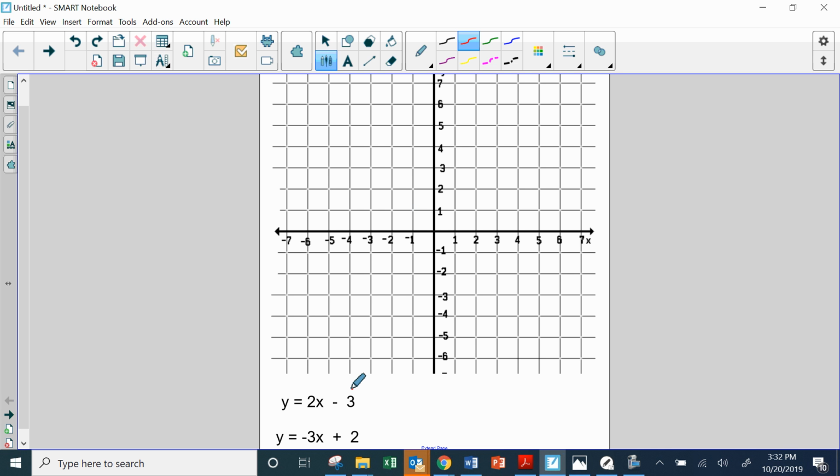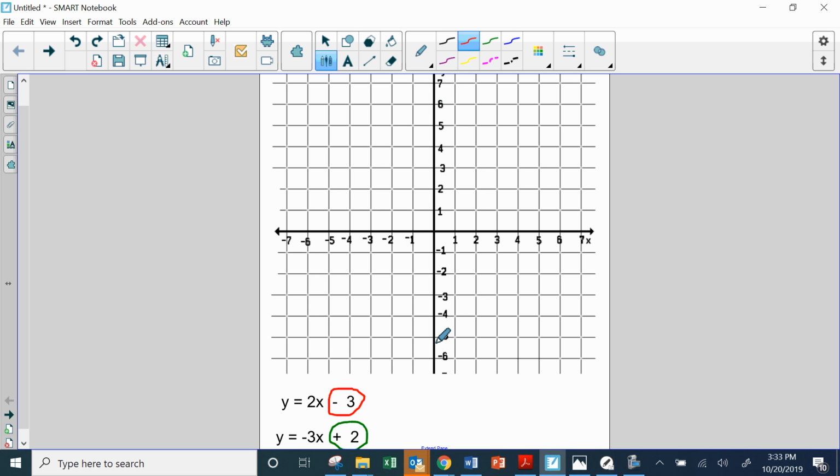So I start by locating the y-intercept with both of these equations. Again, it's the term that does not have the x with it. So it's just a number typically, unless they give you an equation with all variables. So those are the y-intercepts for each of those equations. So now our first step is we just plot that point on the y-axis.